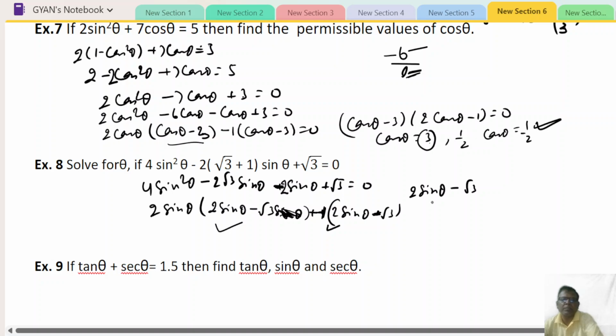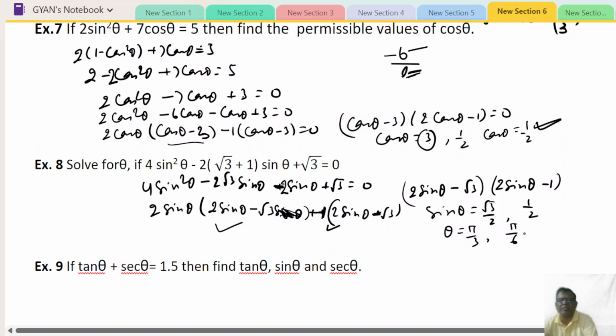So 2 sin theta minus 1 you take common. So sin theta is equal to root 3 by 2 and sin theta is equal to 1 by 2. So sin theta root 3 by 2, then finding the value, theta is equal to pi by 3 and here sin theta is 1 by 2, then theta is equal to pi by 6.